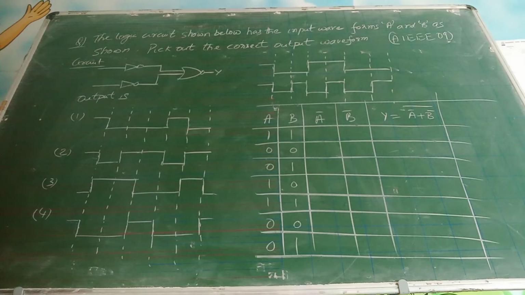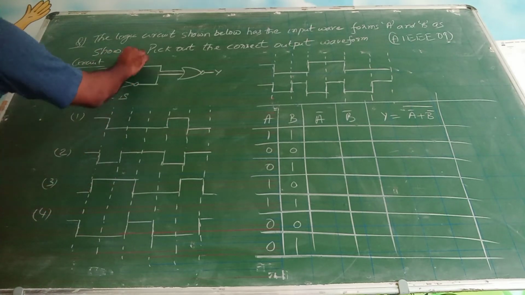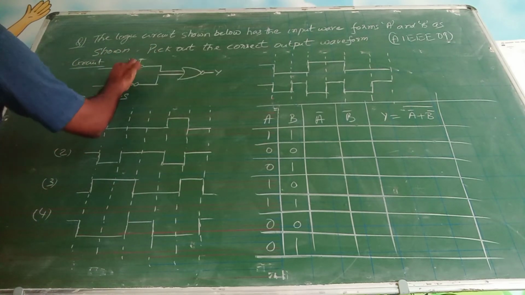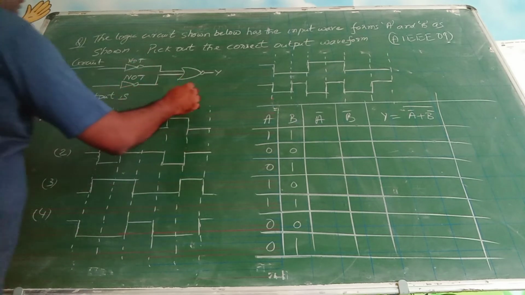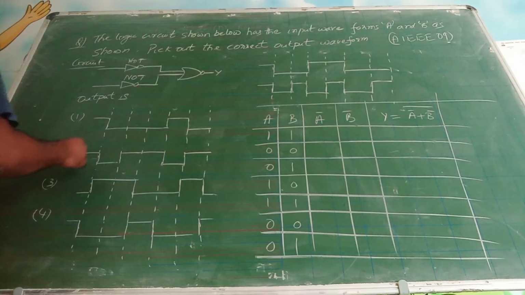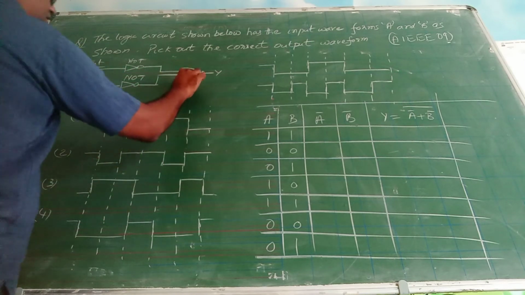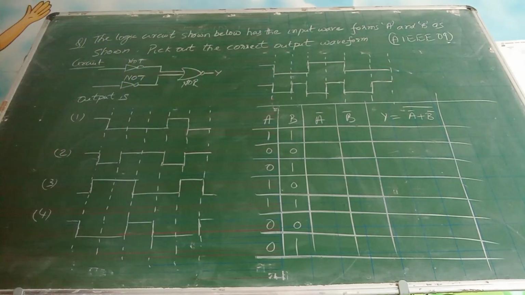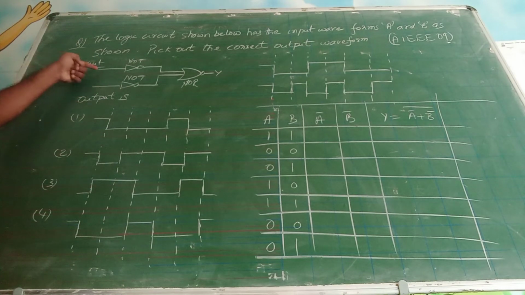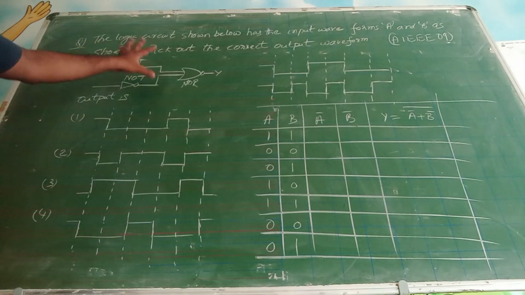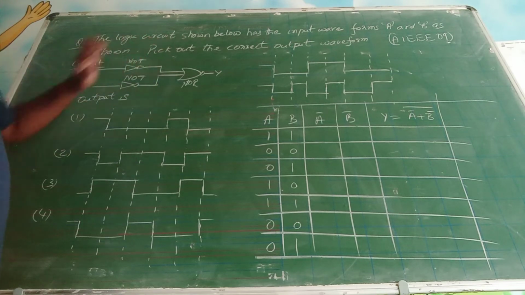What type of gate is this? This is a NOT gate. This is also a NOT gate, and this one has a curvature. So it is basically an OR gate, but because of this circle it is a NOR gate. What does a NOT gate do? It just reverses whatever input you give here. You give 0, it makes it 1.